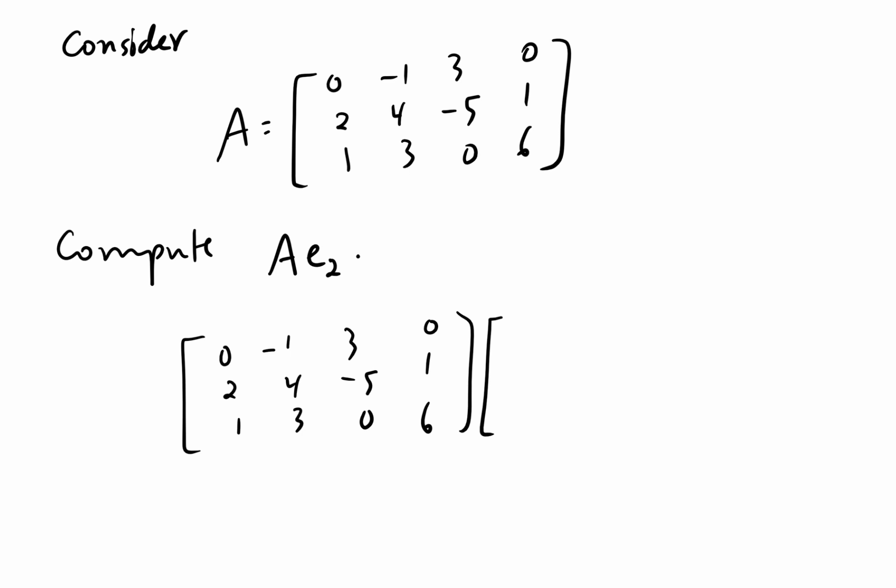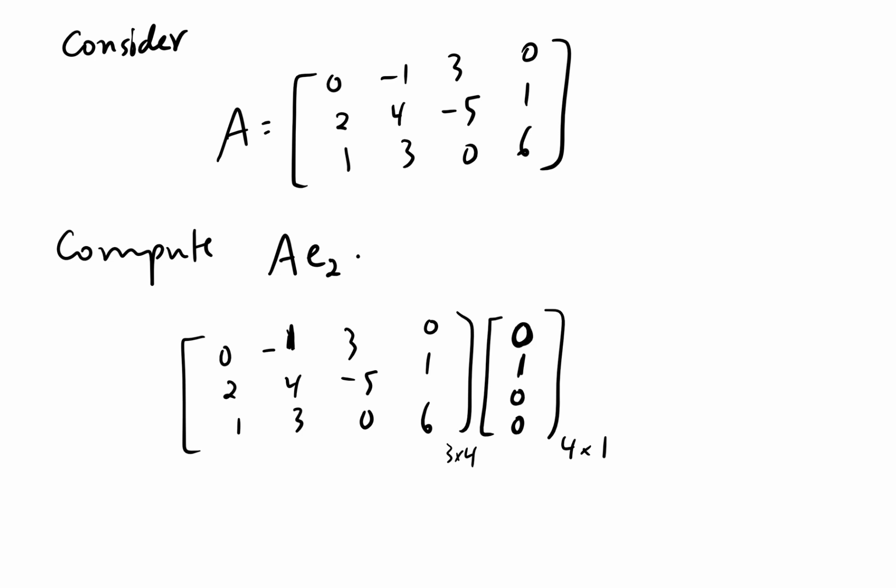I think it's (0, 1, 0). Wait, the matrix is 3 rows by 4 columns, so we have to have four rows. Okay, 4 rows by 1 column, so it's going to be (0, 1, 0, 0), right? Do you see why it's like that?